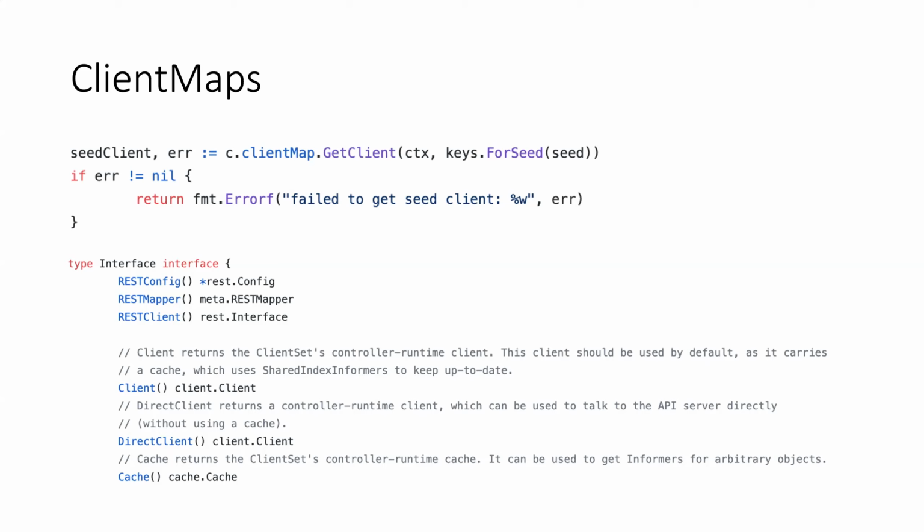Basically, the controller runtime client, when you make a call, it doesn't use cache, so every time it makes a call to the API server, right?